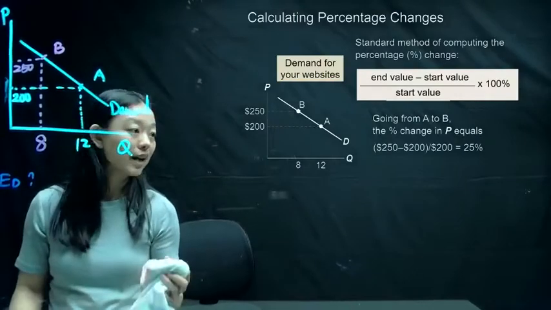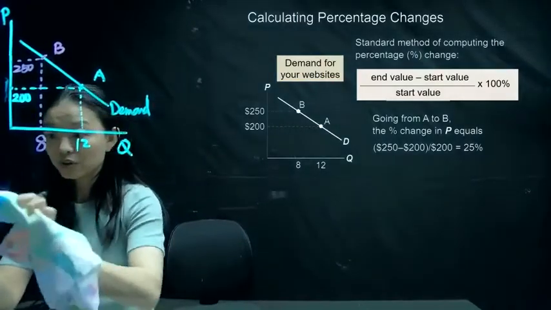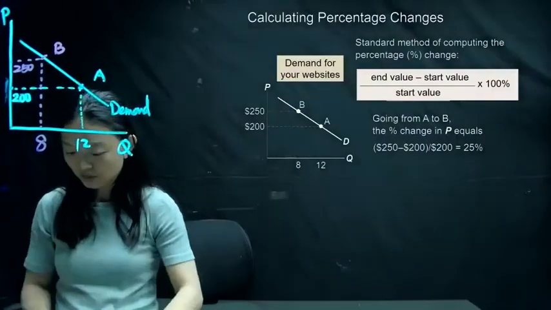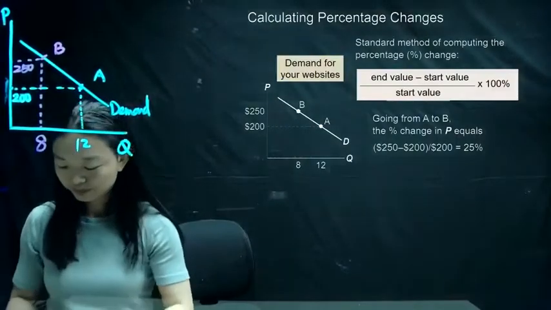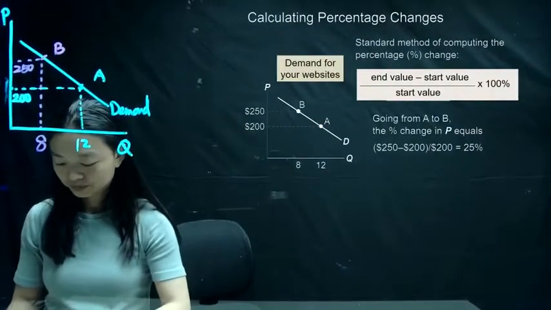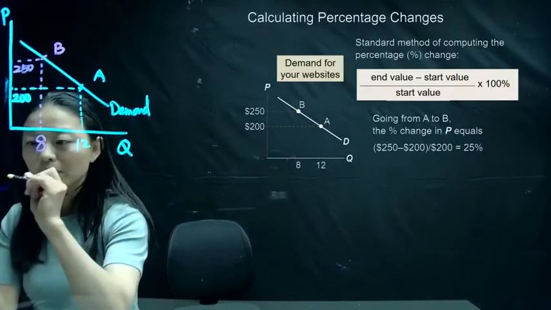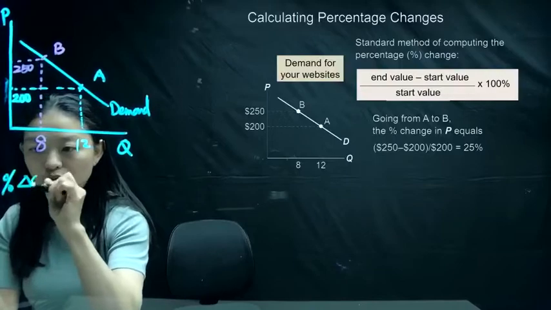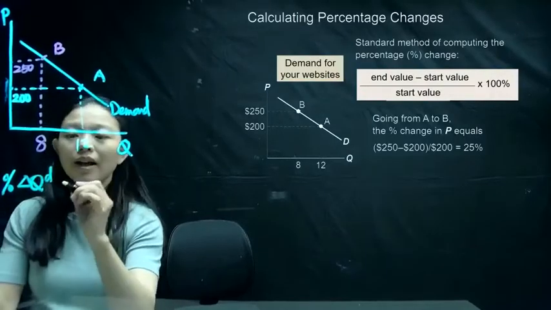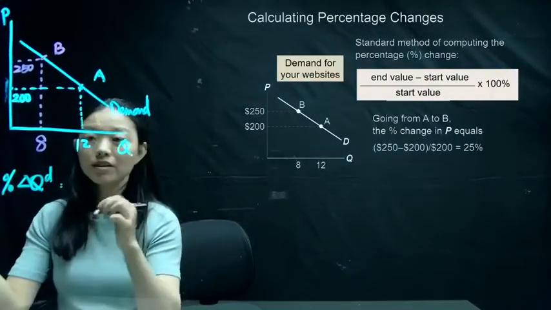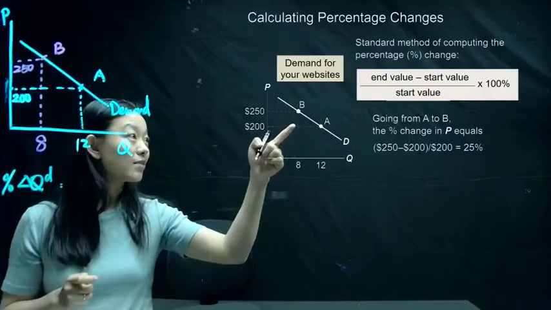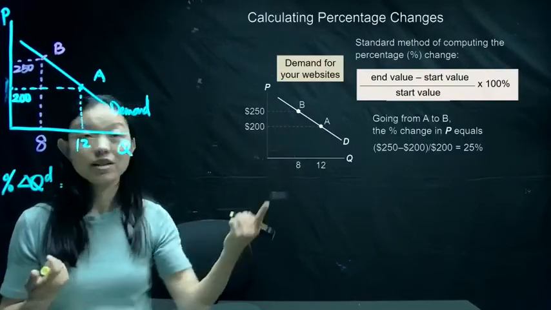In order to get a price elasticity of demand, we need to compute the percentage change. For example, we need to compute a percentage change in quantity demand. For the quantity demand, we use the end value subtract the start value divide the start value.